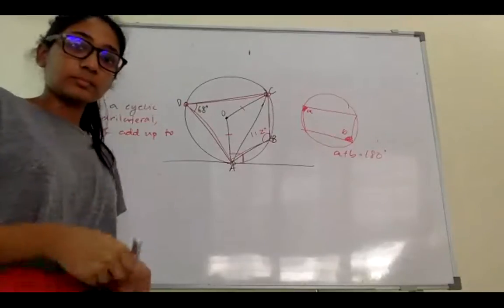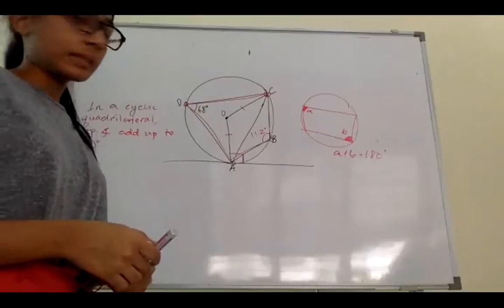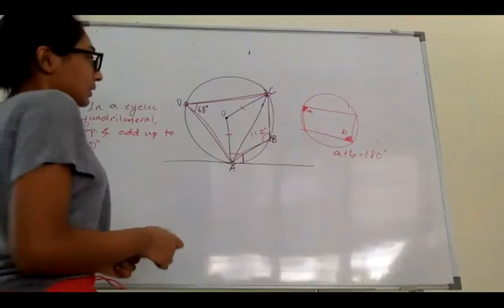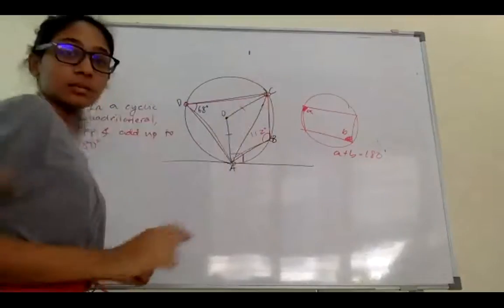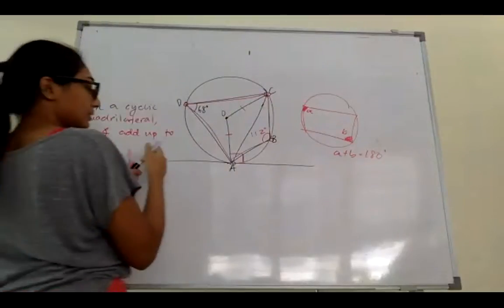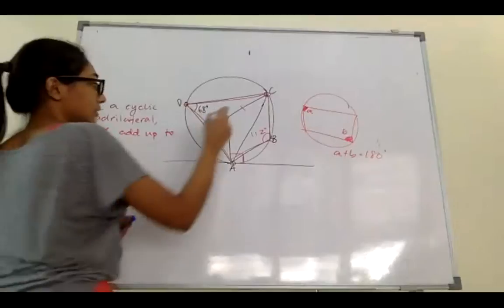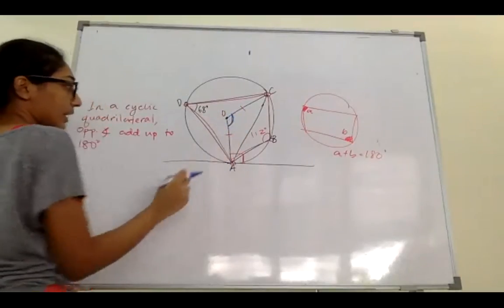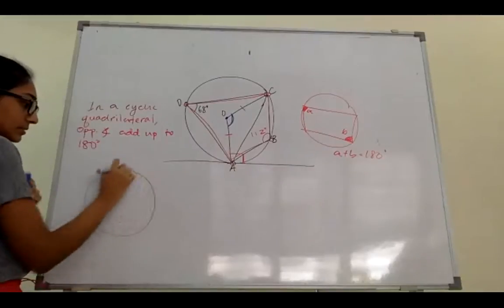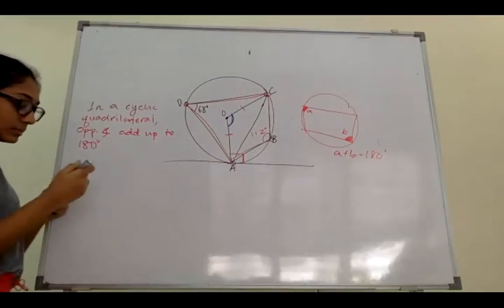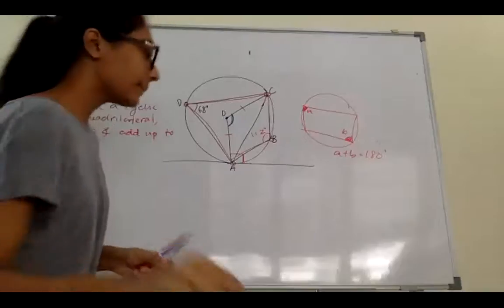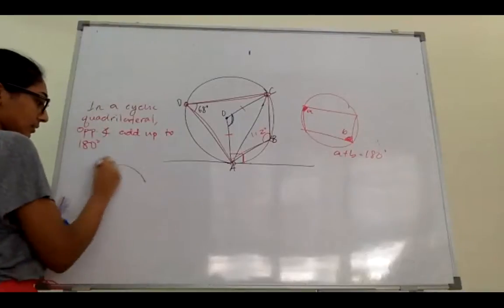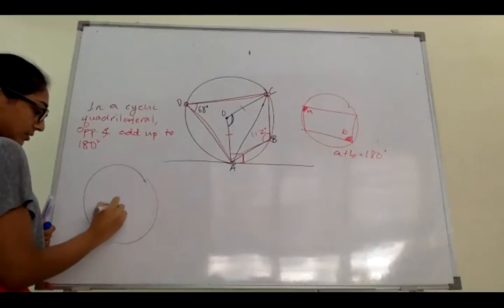So for B I got 136. They wanted AOC. AOC means here, so it is double of 68, because this is the center of the circle, and the rule is that the angle at the circumference is half the angle at the center. Therefore, I wrote 68 times 2 equals 136.